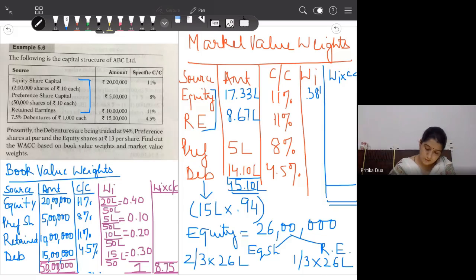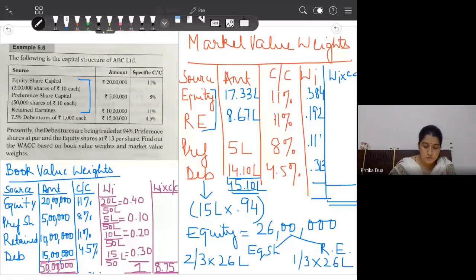8.384. One place can be rounded off. So you can take this as triple one.